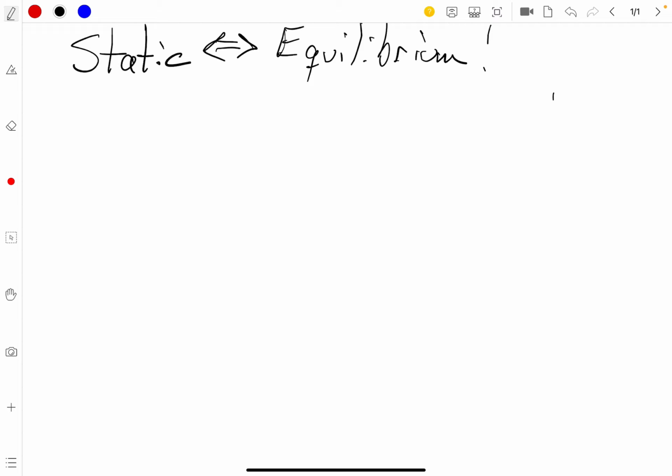Weight and mass, I think you guys understand that. I never like to use W for weight. I always use mass times gravity. Mass often cancels out in your equations.